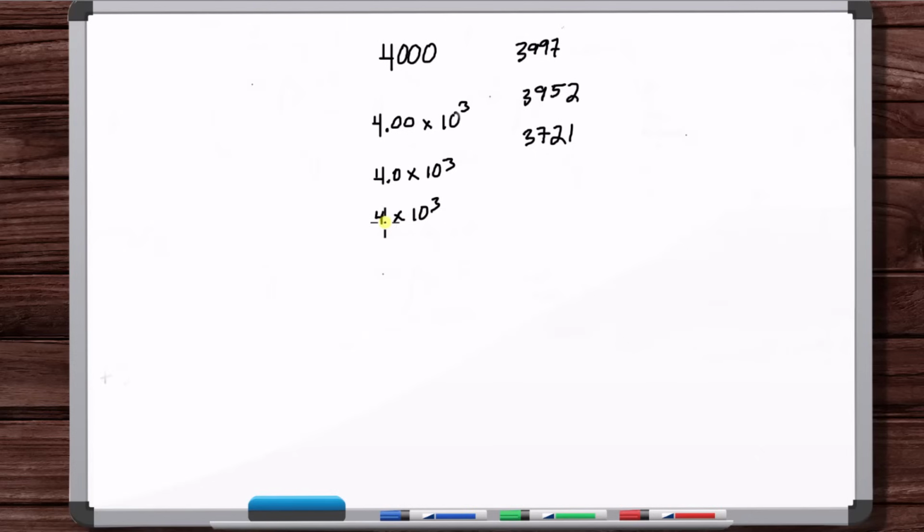You could do it like this, or you could put a decimal point if you want. It's probably better to do that. So this has 1 significant digit, you see? So if you're ever asked on a test or wherever to count the number of significant digits for something given in proper scientific notation, then just count the digits.